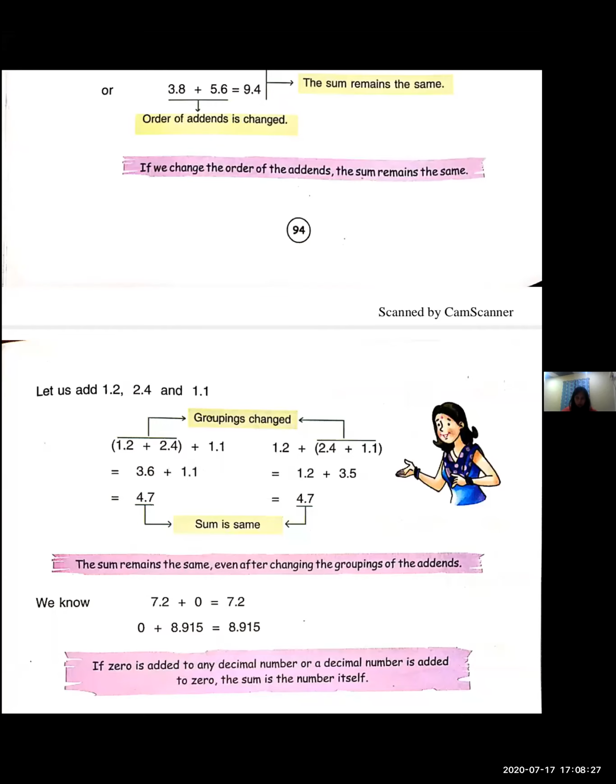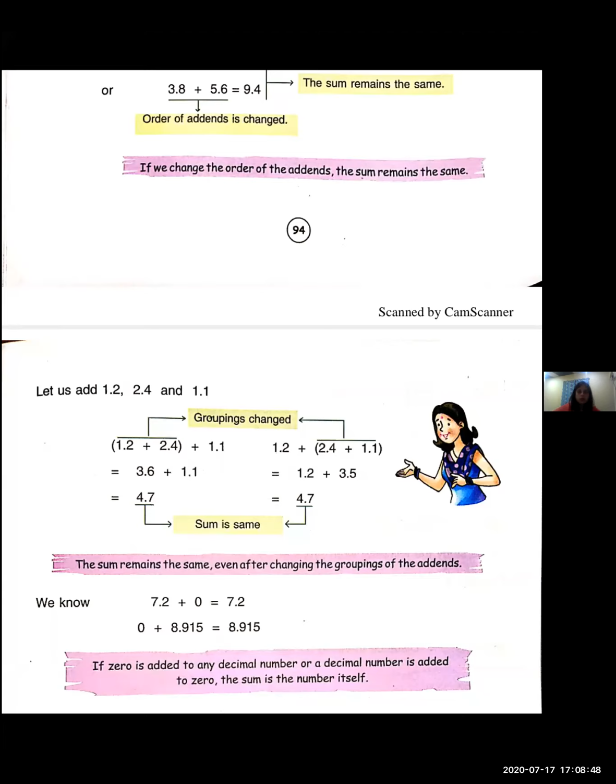Like the first property of addition: if we change the order of the addends, the sum remains the same. Means in any order, whether the second number is kept at the first place or the first number is kept at the second place, the sum remains the same.